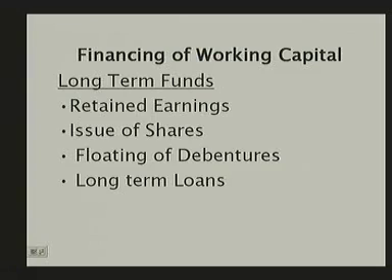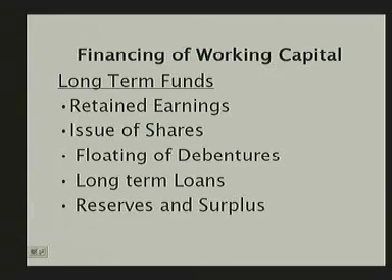Now, when you talk of long term loans, they are usually between 5 to 7 years period. Then you have reserves and surplus, and then you have fixed deposits also. So, these are different sources under long term funds.